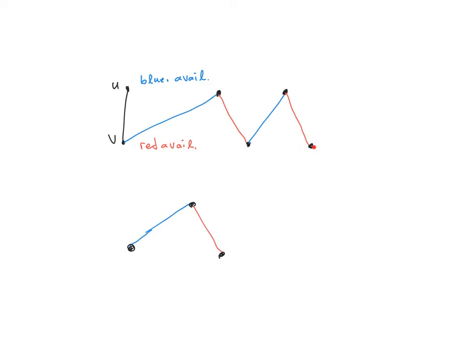Moreover, oh, I forgot the other case I want, if you end in a blue edge, it's worth pointing out that this blue edge cannot be incident to U because blue is available at U. And likewise, if you end in this red edge, then this vertex is in this bottom partite set. So this vertex also can't be U because then you would have an odd cycle. So the point is, when you create this blue-red path, it is a path, and none of the vertices on this path involve the vertices you started with.